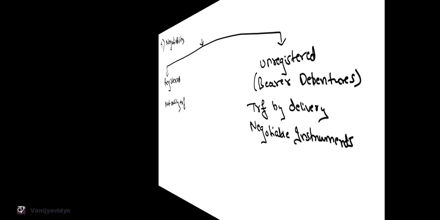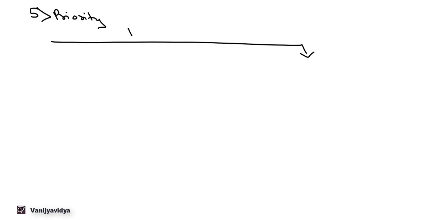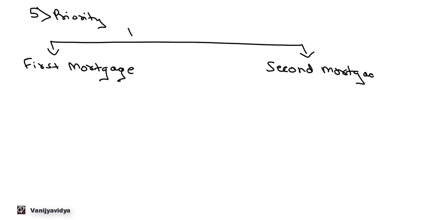Now next, on the basis of priority, debentures are classified into two types: first mortgage and second mortgage.